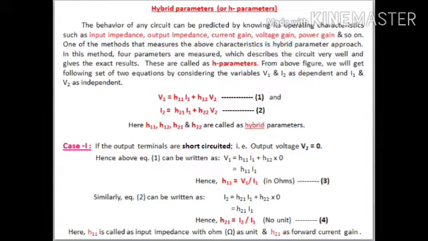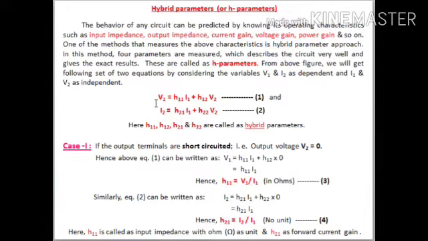From our figure, we get the following set of 2 equations by considering variables V1 and I2 as dependent and I1 and V2 as independent. Here we can write voltage V1 equals H11 into I1 plus H12 into V2.